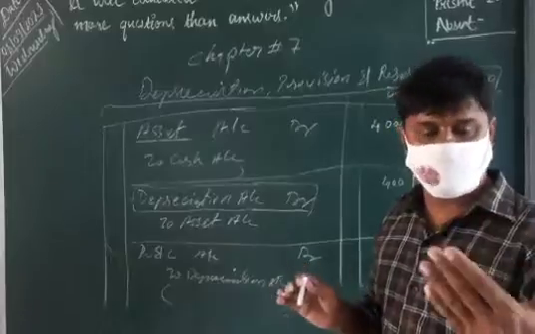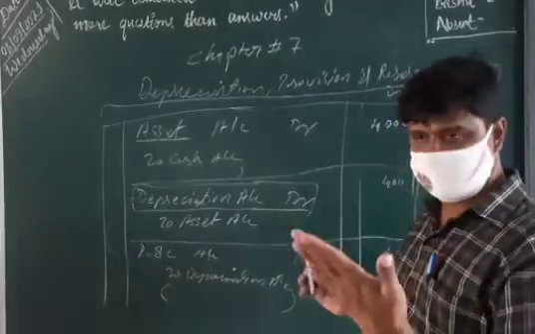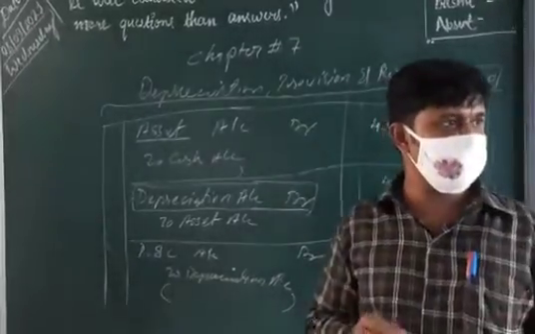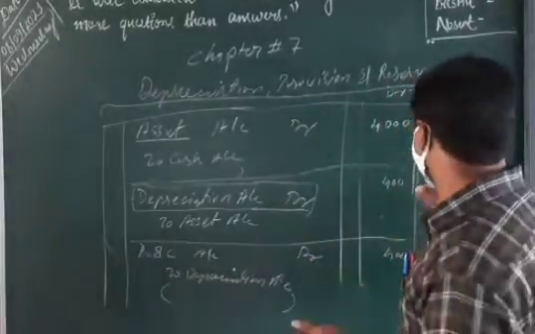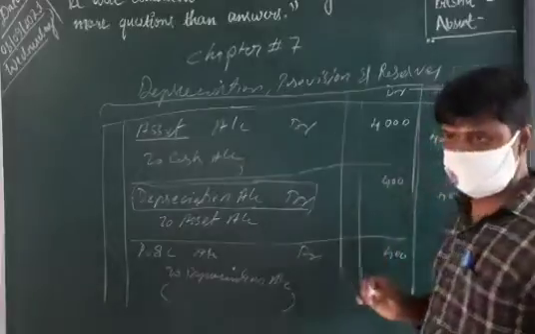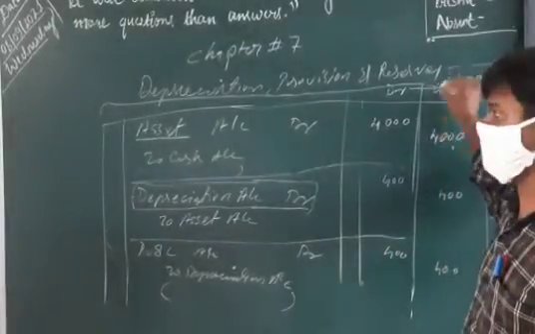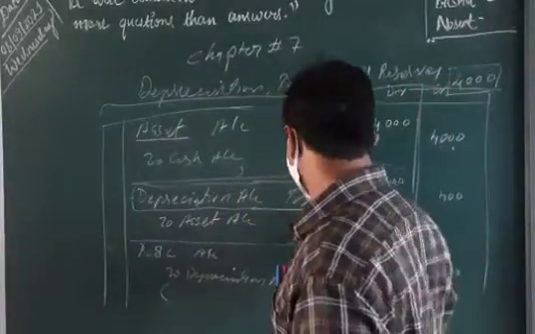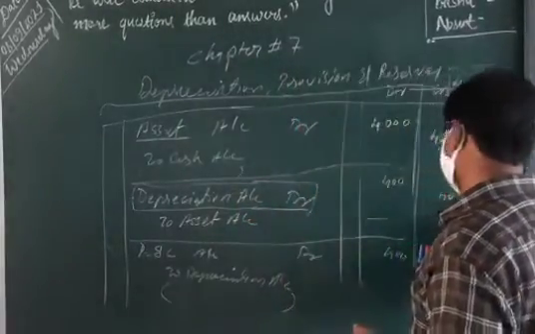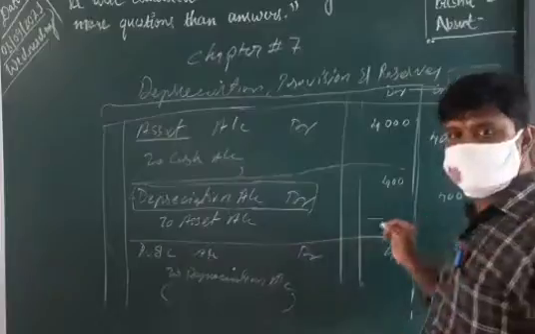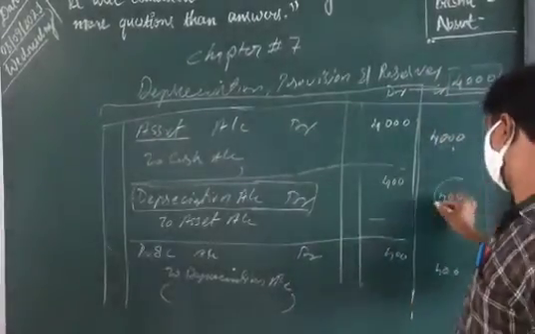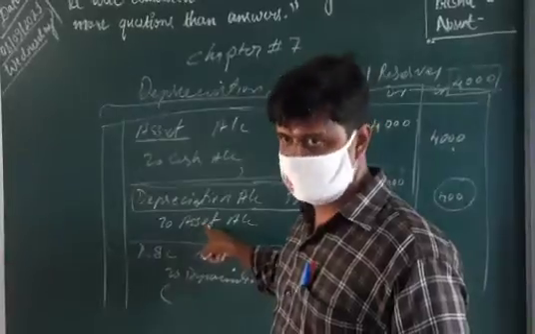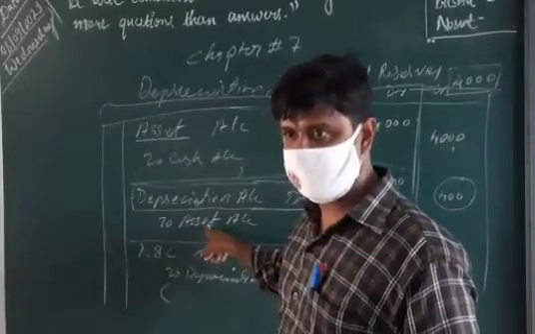That means at the end of the year we see that in our books the value is reduced. The book value of the asset automatically comes to 3,600 rupees. At the beginning it was 4,000 rupees. Now at the end of that year, the bicycle amount is coming to 3,600. The 400 we directly reduce from the asset. Clear now?